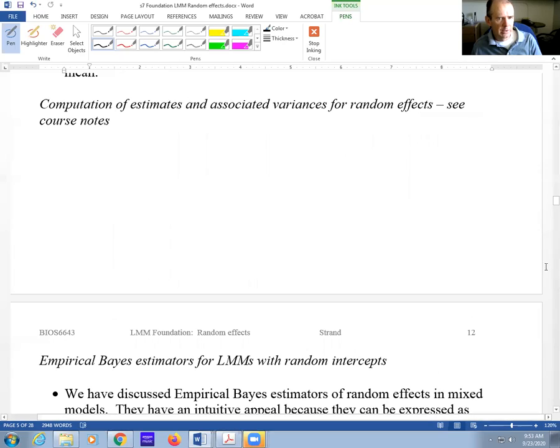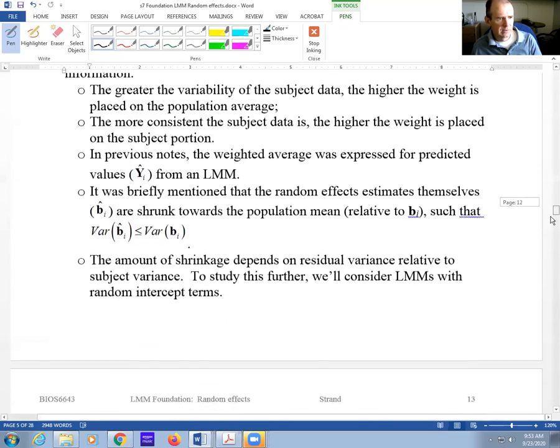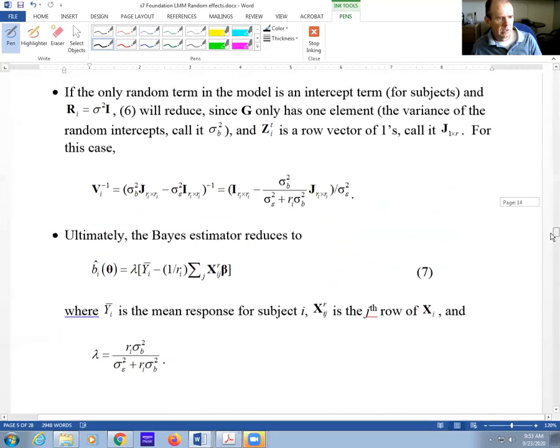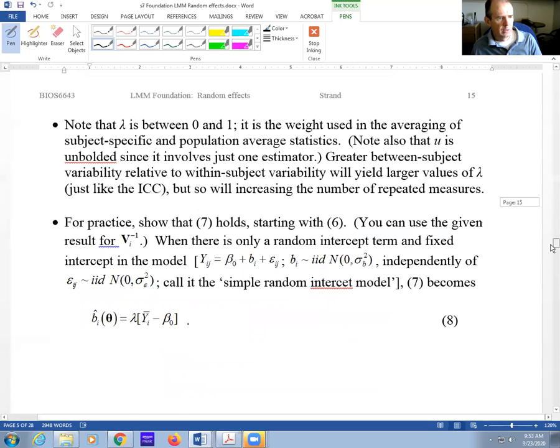The one thing I wanted to mention, again showing you a specific example: if we have a model that has just a fixed intercept and then a random intercept for subjects and error, just to demonstrate again the Bayes methods and how they're calculated, we can see that the random effect estimate in this case becomes the difference between the average of the subject's data and the fixed population average.